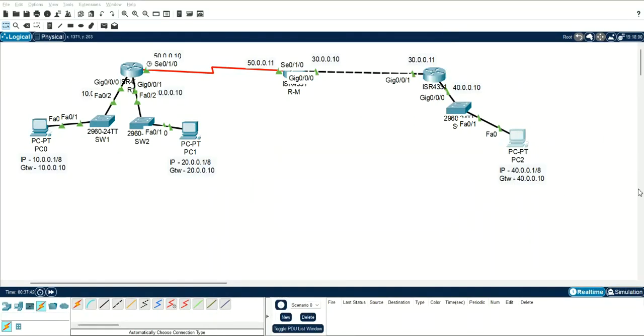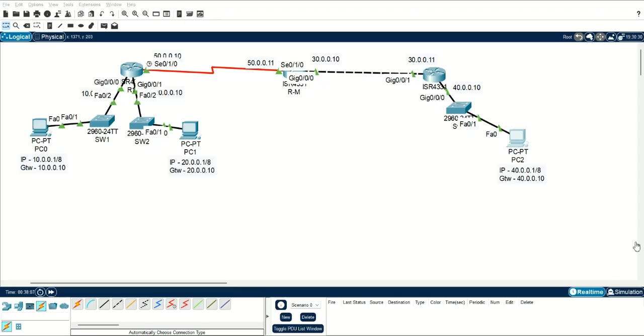All right. So here we have learned static route and also default route. We learned that wherever there is a stub router, we can write a default route instead of writing too many lines of static route.